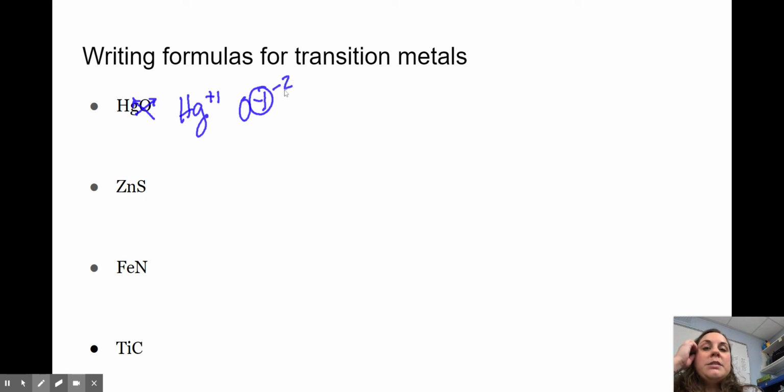So then, because this was incorrect, you need to multiply by the same multiple for your cation. So if I went from -1 to -2, I multiplied by 2 here. I need to multiply this by 2. So my charge is actually +2. When I go to write out my name now, I'm going to write mercury, parentheses, 2, oxide.